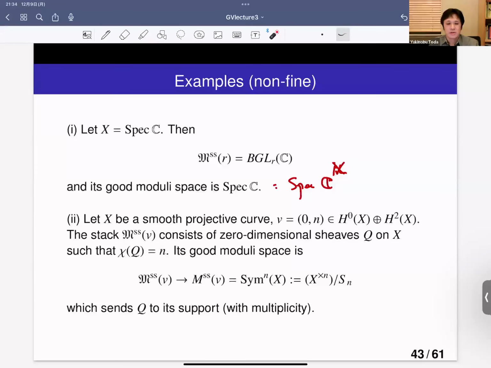In this case, the Jordan-Hölder filtration is that we take the filtration whose subquotients are just skyscraper sheaves of points on X. If you take its associated graded, then it corresponds to just giving a zero-cycle on X. So its good moduli space is nothing but the symmetric product of X, which sends each zero-dimensional sheaf to its support together with some multiplicity.